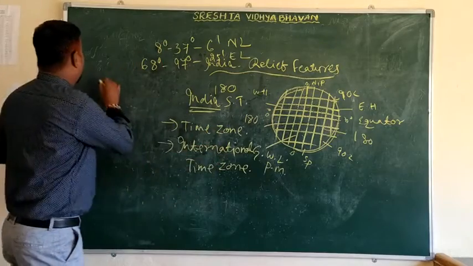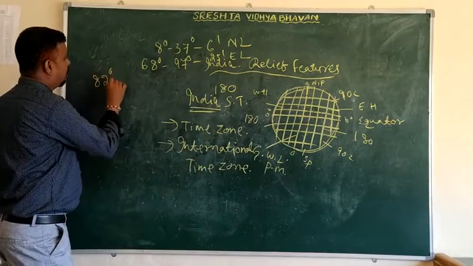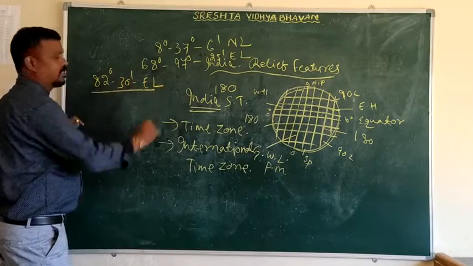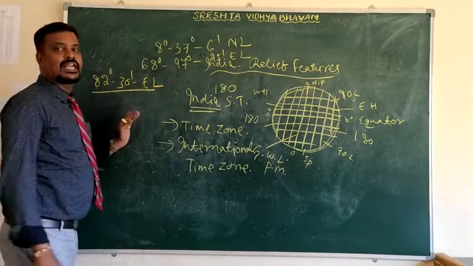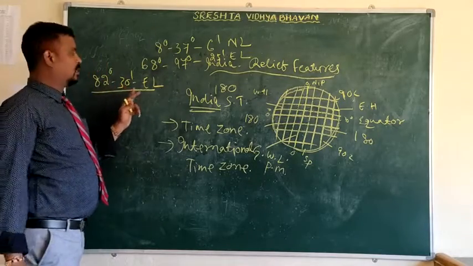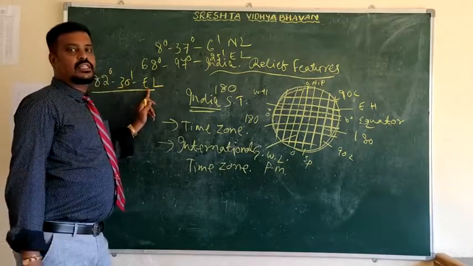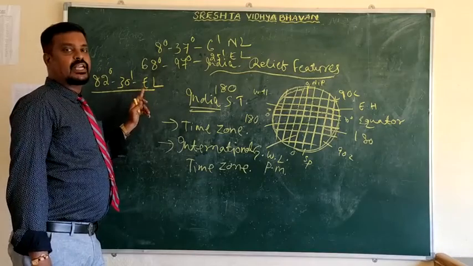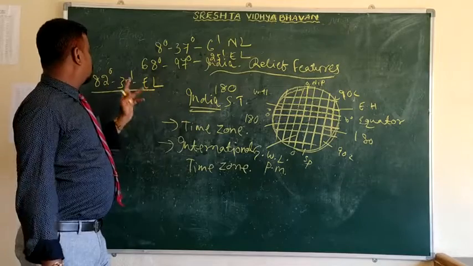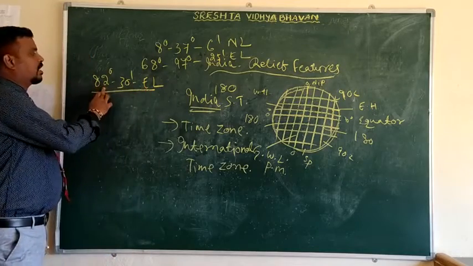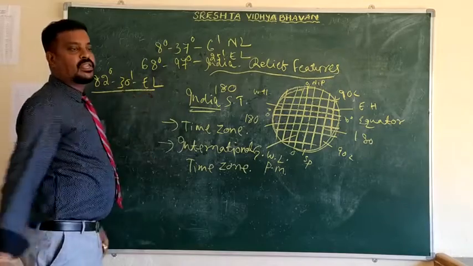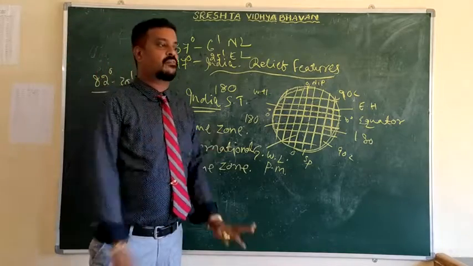In our country, we follow the 82 degree 30 minutes east longitude as the Indian Standard Time.